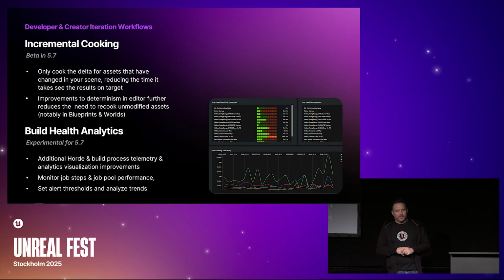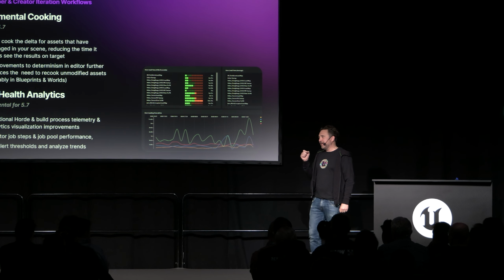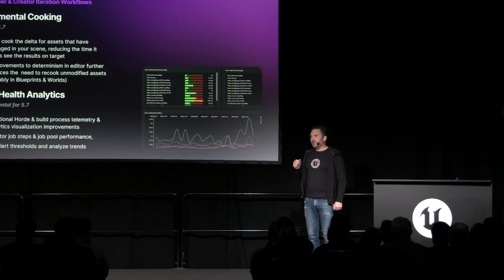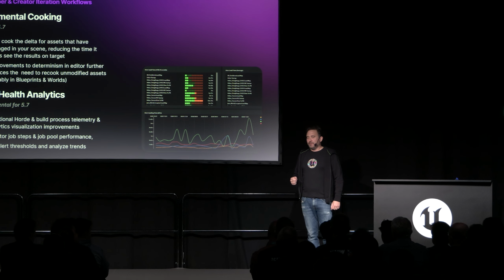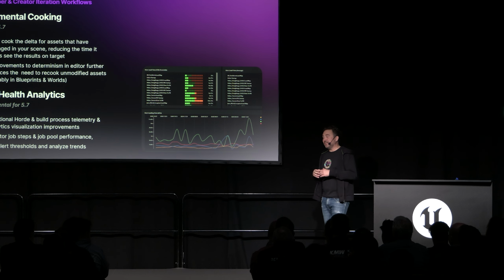That will ultimately result in incremental cooking, where we cook only what is needed instead of cooking everything all the time. That will also help batch sizes tremendously, because everything will be much more deterministic, so we can really keep the batch sizes down.